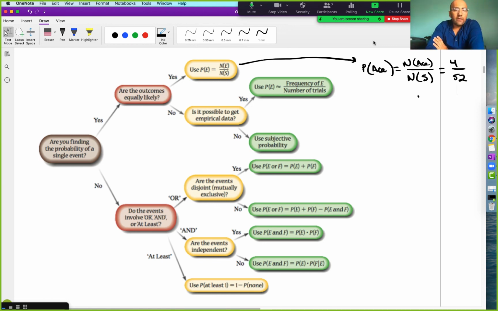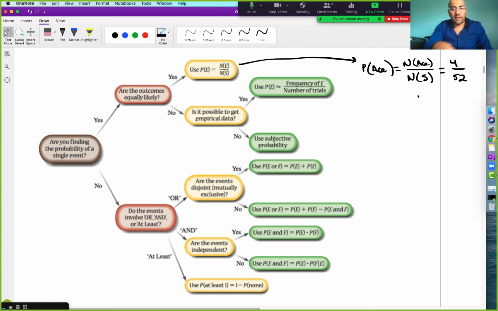On the other hand, if the outcomes are not equally likely, maybe the question is, are the Rams going to win this year? Or is it going to rain tomorrow? Or is a scratcher lottery ticket a winner?